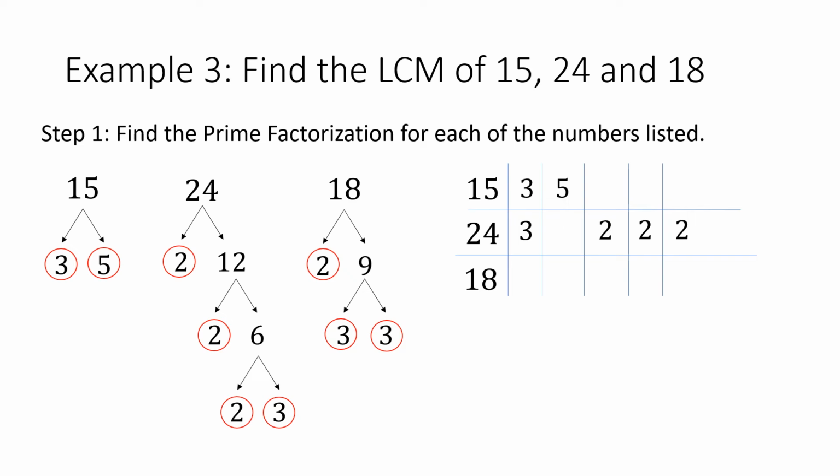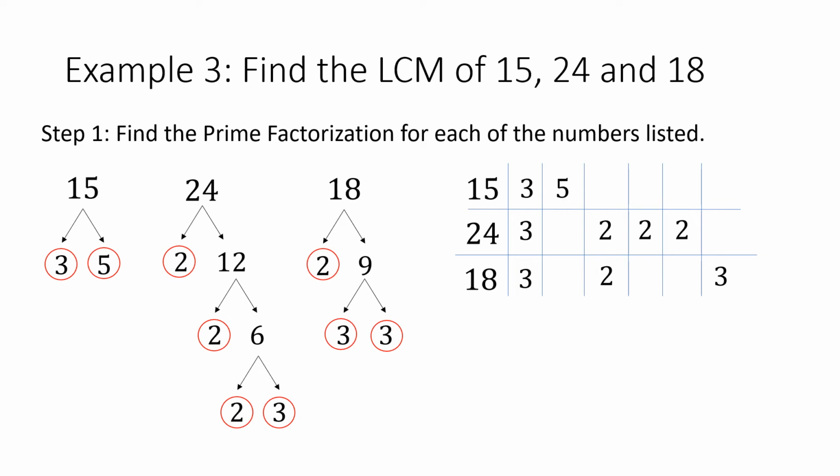So looking at the prime numbers for 18, I do have a 3, so I'm going to go ahead and put it below my top row 3. And then I have a 2 represented, and so I'm going to put it below my 2 that's in my second row. And then now I have to create another column for my final 3, which is the last prime number for 18, since I don't have it represented in any of my above rows.